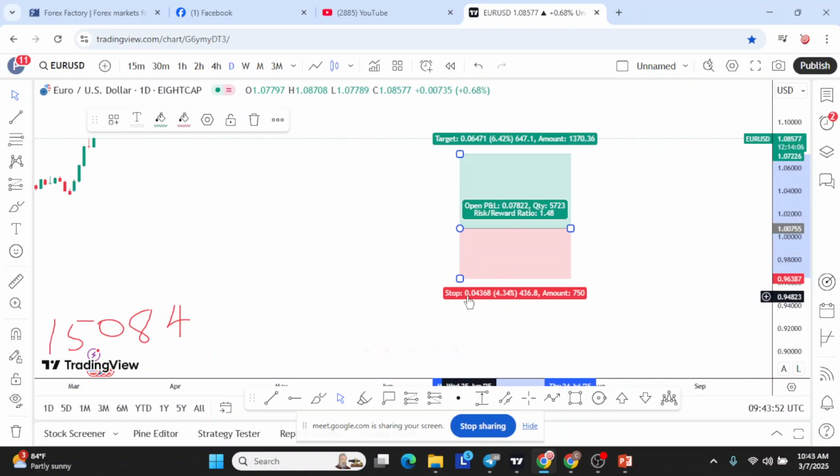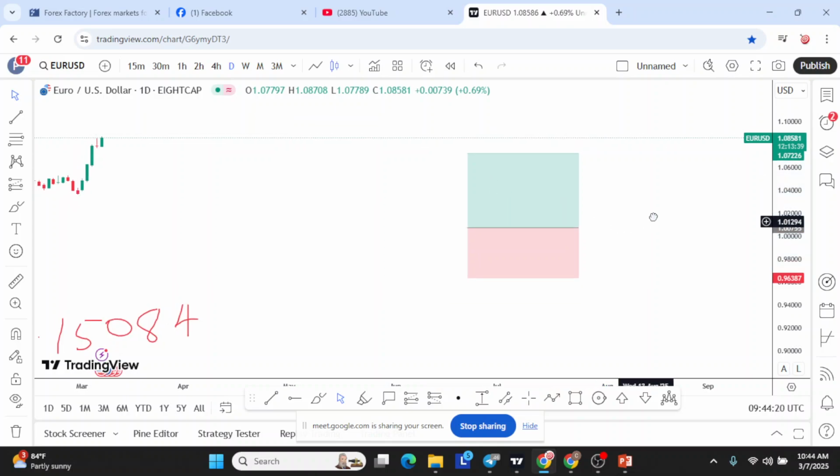So if you look at this number here, 0.04368, how many pips is this? 436 pips. Yeah, correct. And this take profit? 647 pips. Yeah, that is correct.